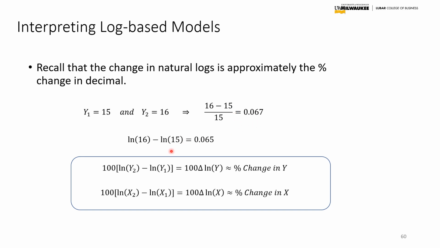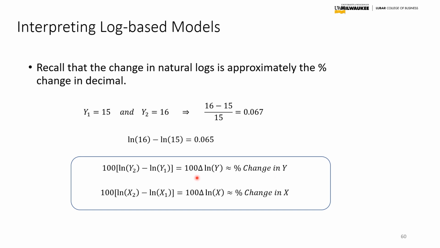But if you took the difference in natural logs, it's essentially the same value as you can see here. So that means if I multiply this by 100, I would have it in percentage terms. In general, 100 times the change in logged y's equals the percentage change in y.